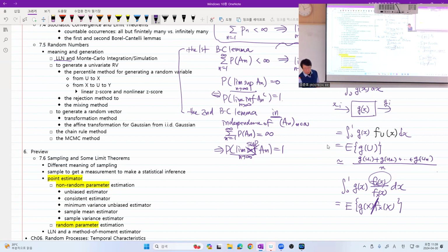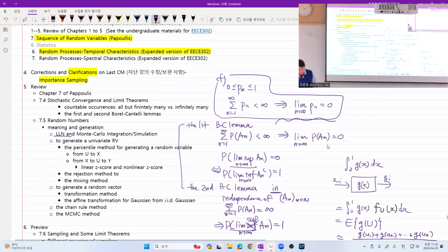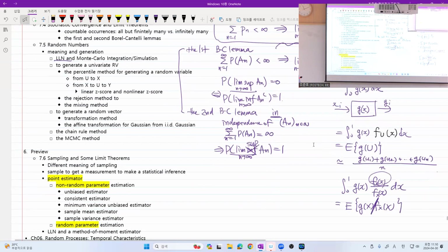The reason why this is called sampling will be apparent if we move to today's material. But that trick I mentioned last time is called importance sampling. So instead of directly using some density, we deform the integrand function and then use Monte Carlo integration.